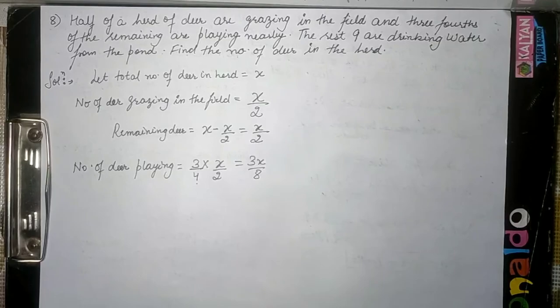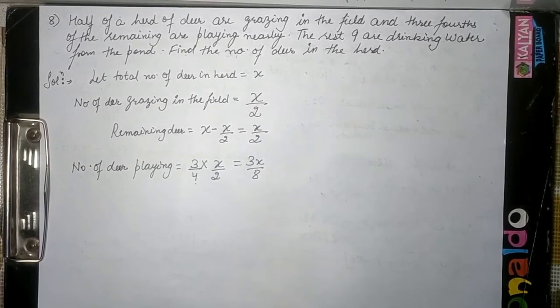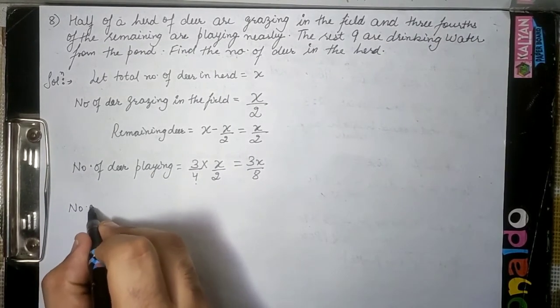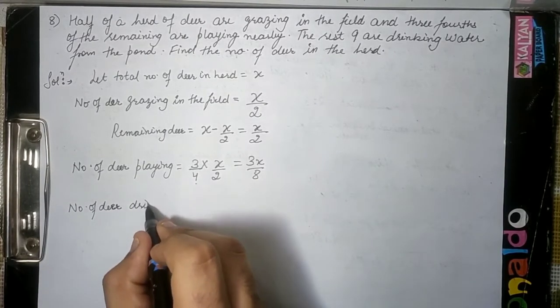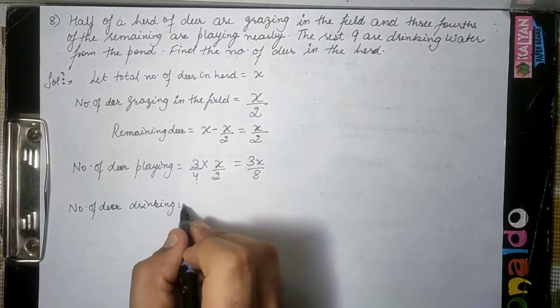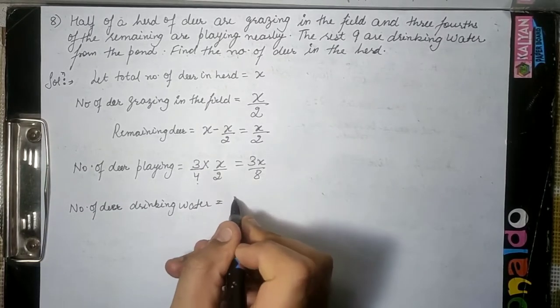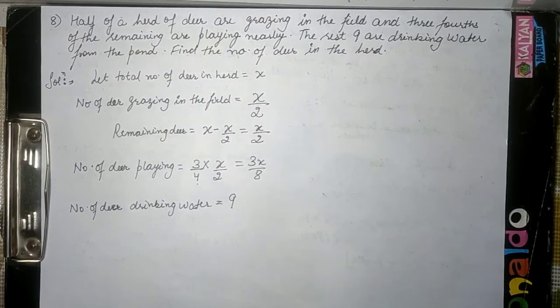Now last, the rest 9 are drinking water. So number of deer drinking water will be equal to 9. So the total number of deer are divided into 3 parts.